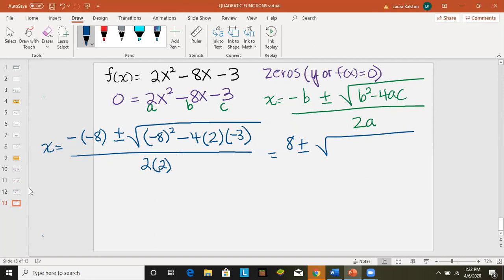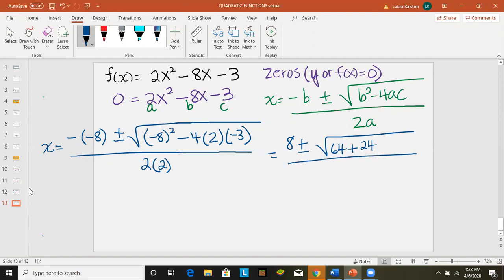Negative 8 squared, guys, be careful. Negative 8 times negative 8 is positive 64. Negative 4 times 2 is negative 8. Times negative 3 is going to be positive 24. Remember, negative times a negative makes a positive.